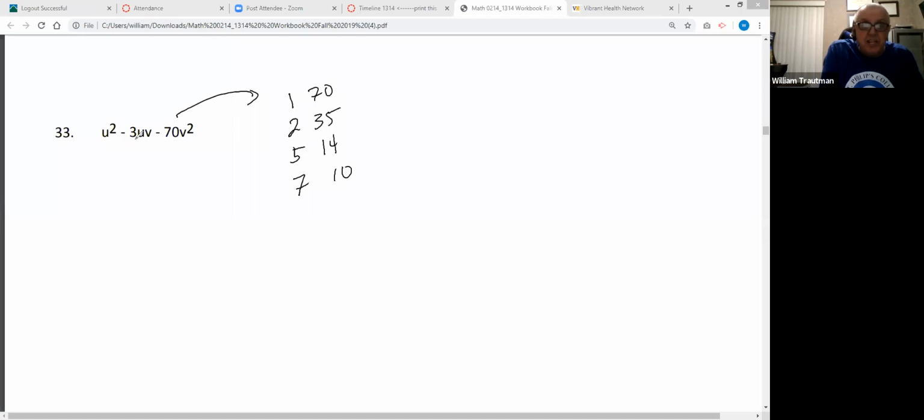Find a pair that adds or subtracts to equal a -3. I can look at Amanda's answer and see that she used -10 and +7. 7 minus 10 on my calculator is a -3. When we add it, we do get a -3. When I multiply it, a +7 times a -10 is a -70, and that works too.